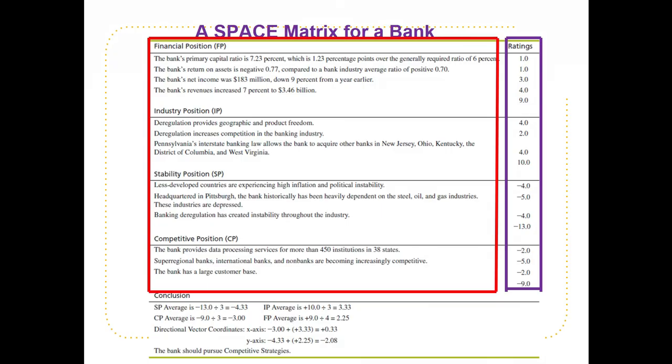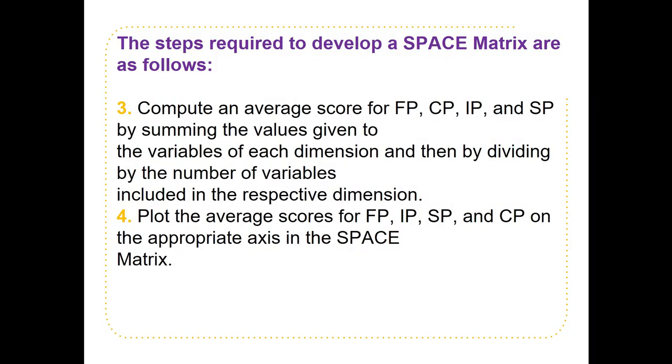Next step is to compute an average score for FP, CP, IP, and SP by summing the values given to the variables of each dimension and then dividing by the number of variables included in the respective dimension.